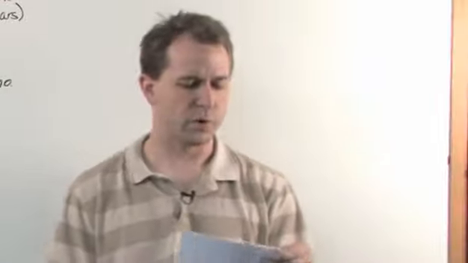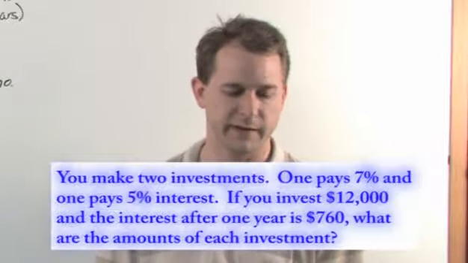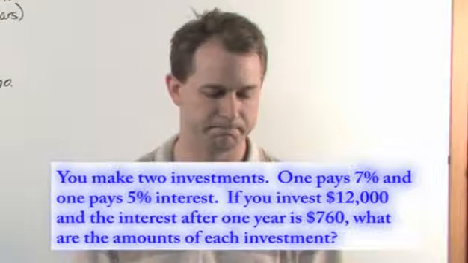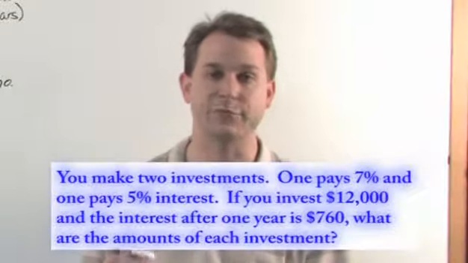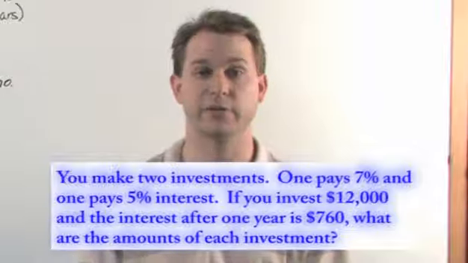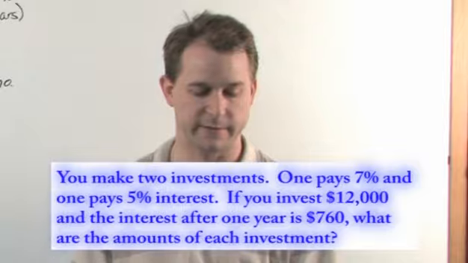So the first actual word problem goes something like this. You make two investments. One investment pays 7% and the other investment pays 5%. If you invest $12,000 and the interest after 1 year is $760, then what are the amounts of each investment that you made?